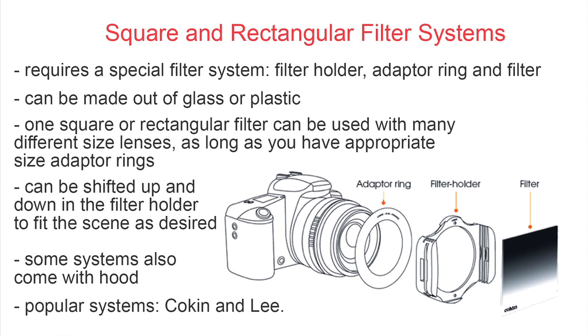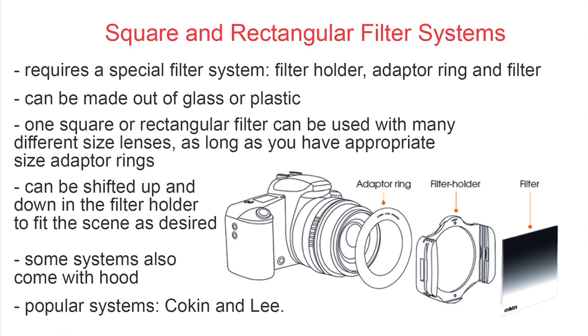Finally, let's talk about square and rectangular filters. To use those, you will need a whole filter system, which consists of a filter holder, adapter ring, and the filter itself. Filters can be made out of glass or plastic.